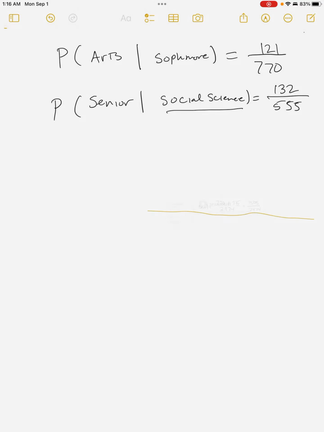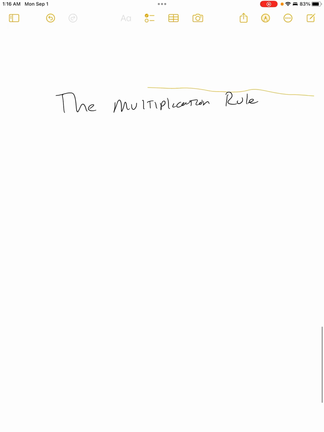But there's a second piece to all of that as well. So the second piece is what they were calling the multiplication rule. And as you think about this multiplication rule, I'd like you to understand it a little bit more.